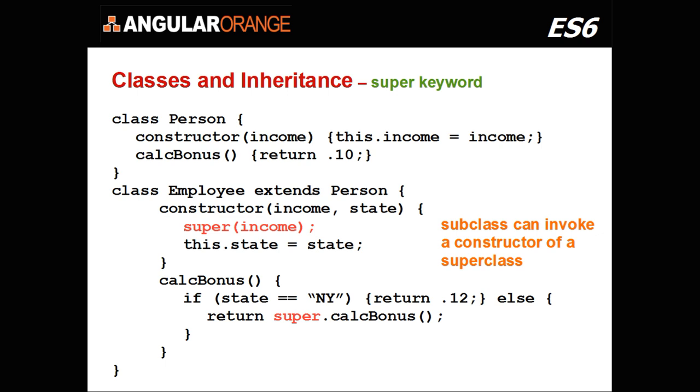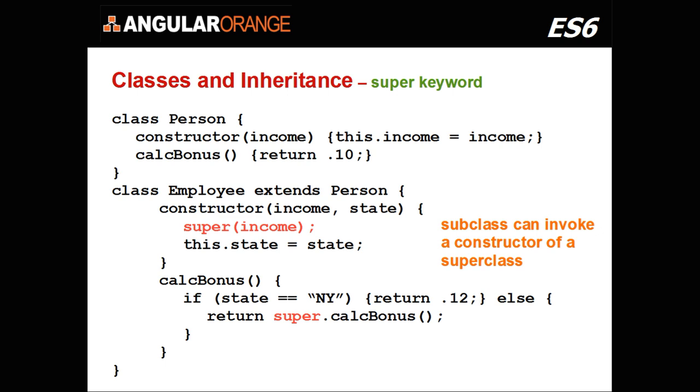So it could set the income attribute using the superclass constructor, and then I could define the state in a derived object.